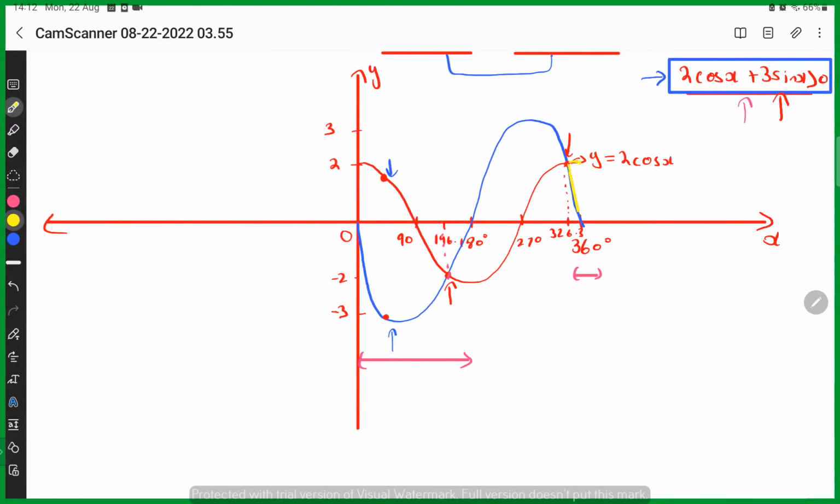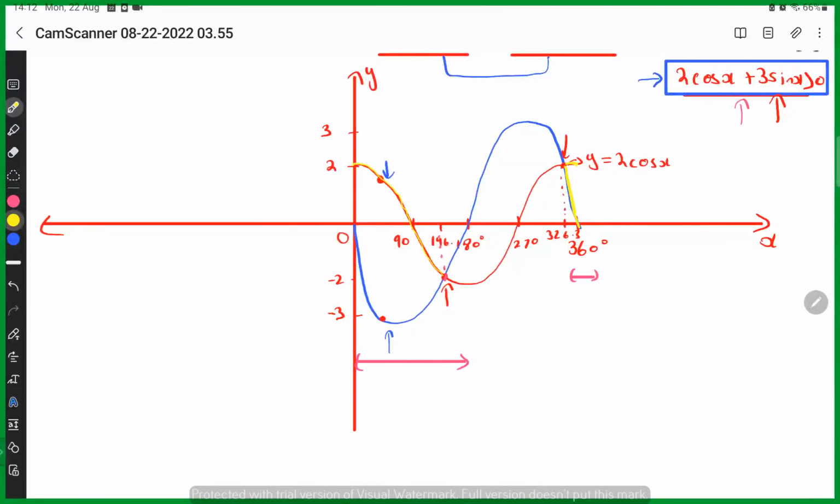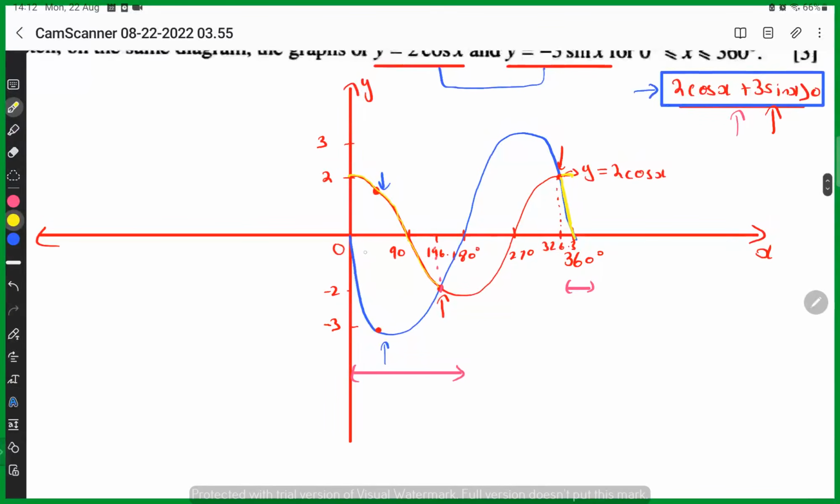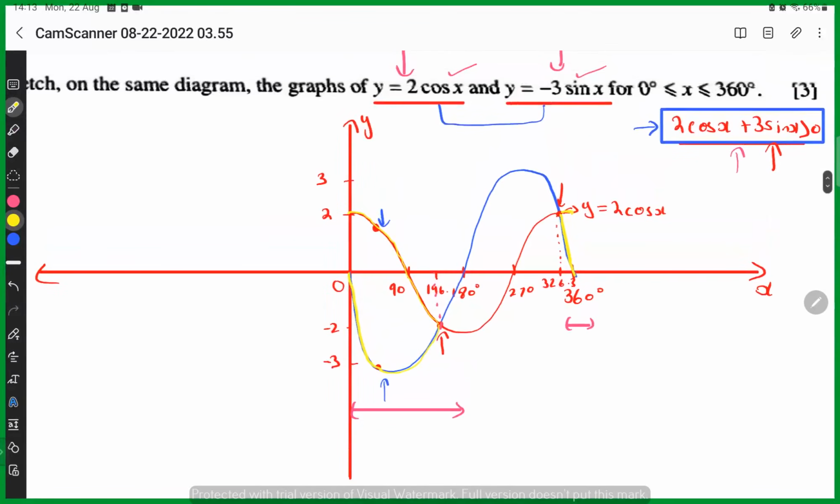Similarly, this is the one, and this is the one. Okay. Now the graphs that I've just made yellow are basically those parts of the graph that you need to focus on.